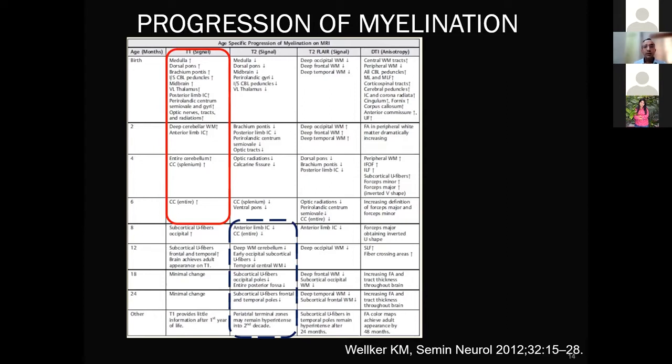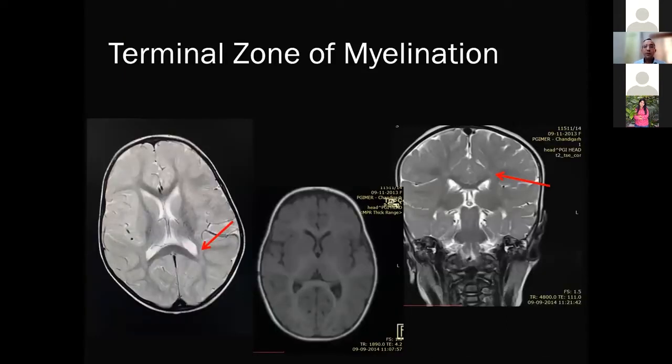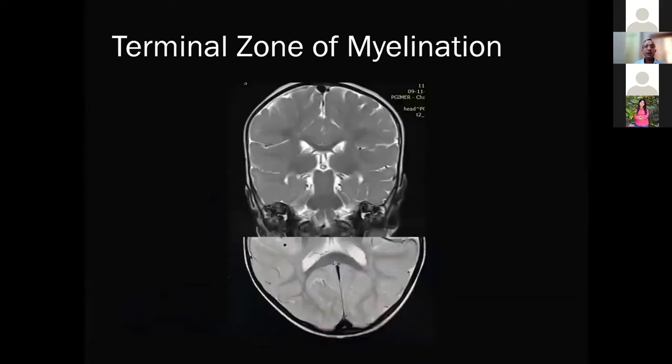The terminal zone of myelination, the bilateral symmetrical T2 or FLAIR hyperintensities, which are seen in the peritrigonal or periatrial region, may be confused with other pathological processes like the early changes of leukodystrophy or gliosis, and these have to be differentiated from the terminal zone of myelination. Three important imaging findings help in discriminating these processes.